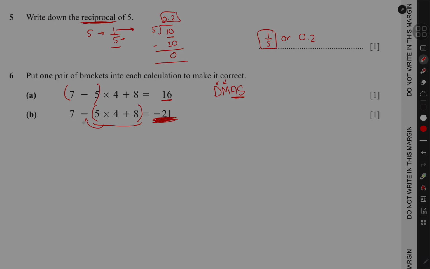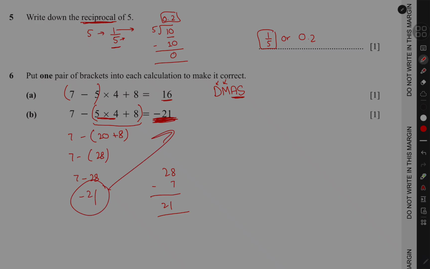Okay, so 7 negative, and now I can just solve the first for multiplication. 5 4s are 20 plus 8, 7 negative 20 plus 8, that is 28. So I can just remove the brackets now. 7 minus 28. 7 minus 28 is 21, but put the negative sign back, negative 21, which is our answer.